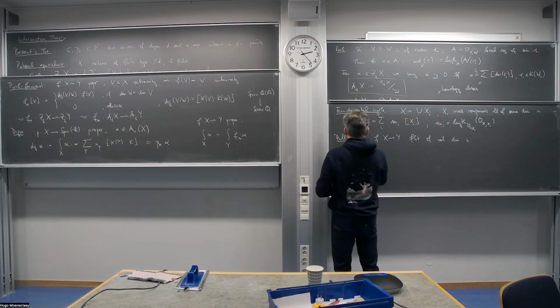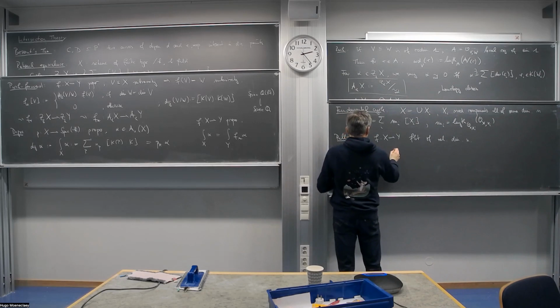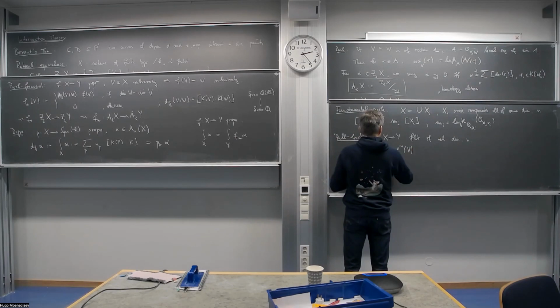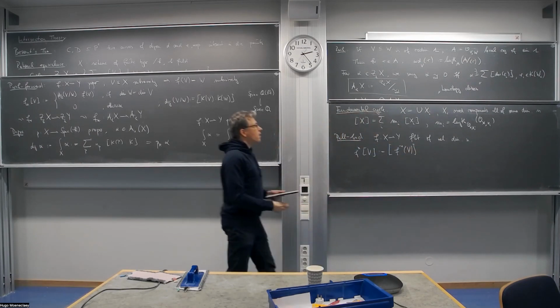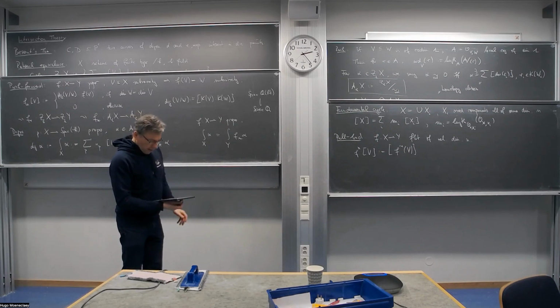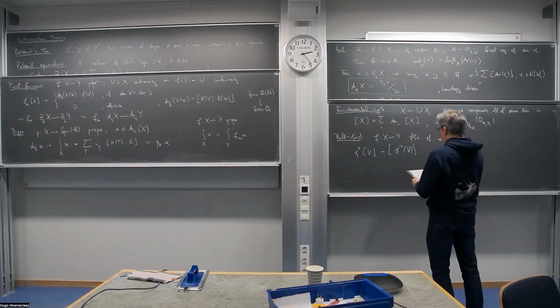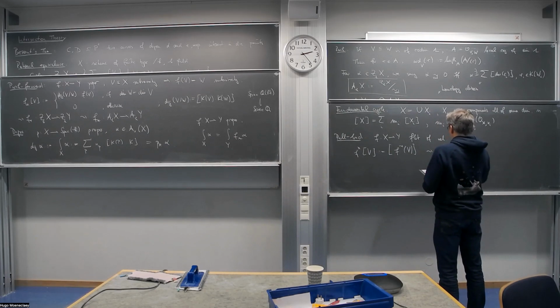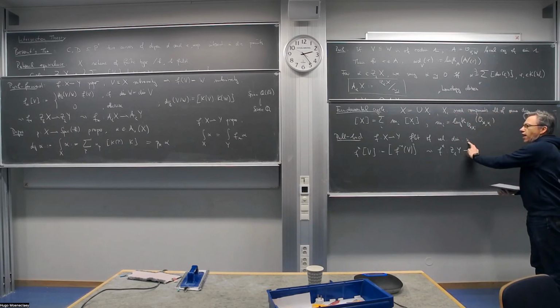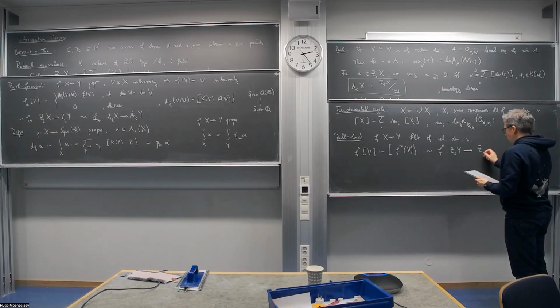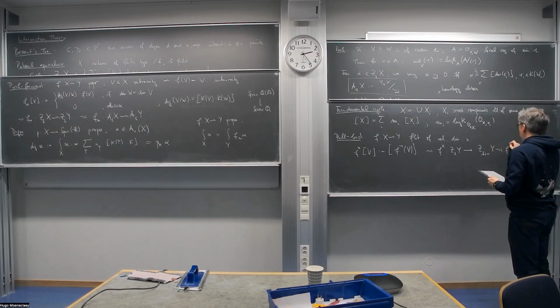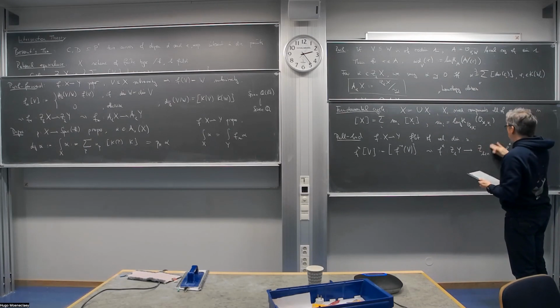And when we have such a morphism, we can define an upper star of some cycle, where we just take the preimage of the cycle and take its image in Z. This gives an upper star, so we have a class in Y, and because of relative dimension n, the dimension goes up by n.